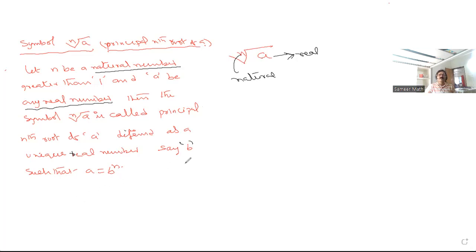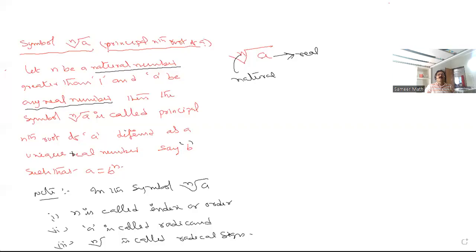Now, what are the names of these parts? You just see this. In this symbol, n is called the index, or you can say the order.